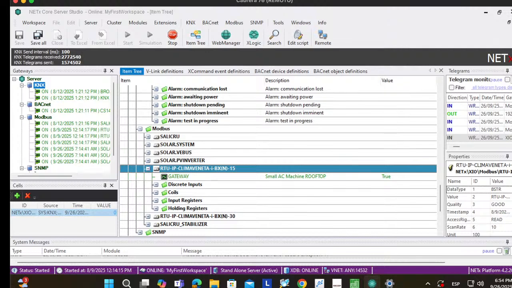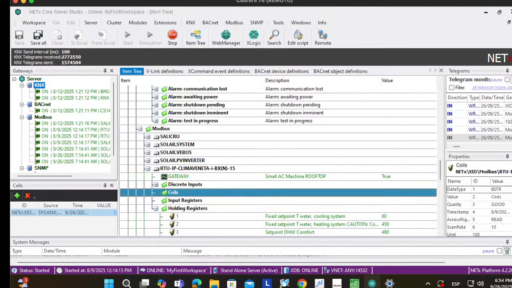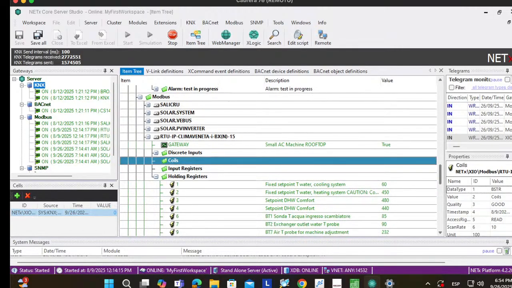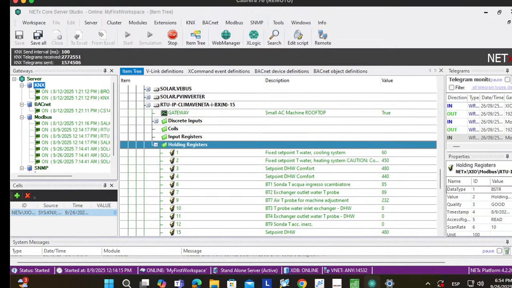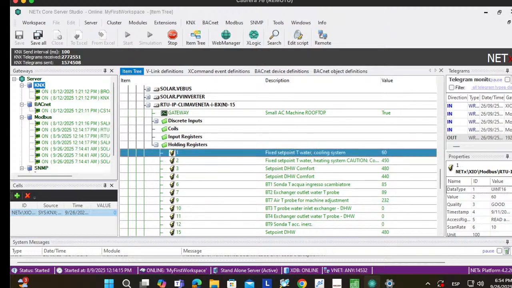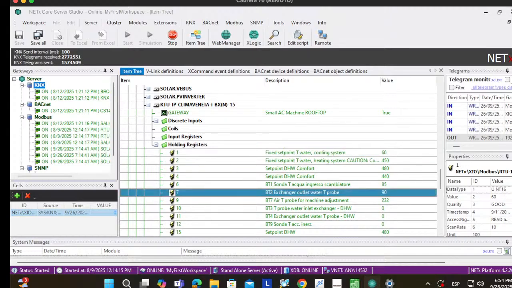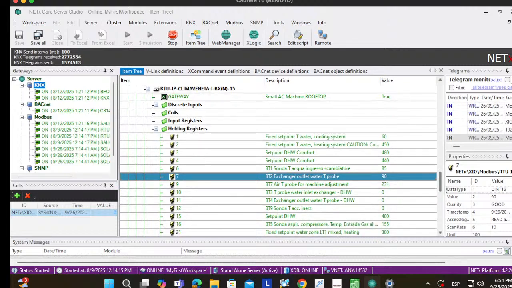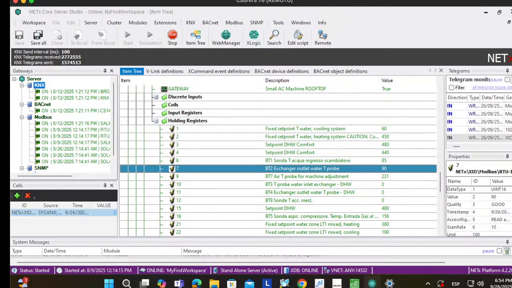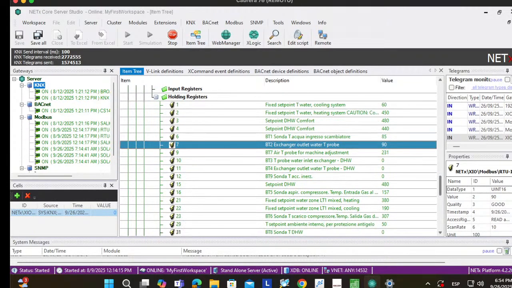This machine was not enabled for BACnet, but for Modbus, so we decided to install a Modbus card to get the information, very cheap by the way, and we made it. We have all the holding registers here, so we can get all the information from the machine in real time and very fast. Maybe for this machine it is critical to get information very fast, for whatever reason, so I went Modbus. I have a lot of proofs here, a lot of things.